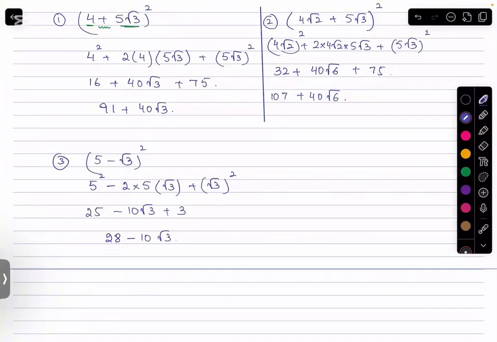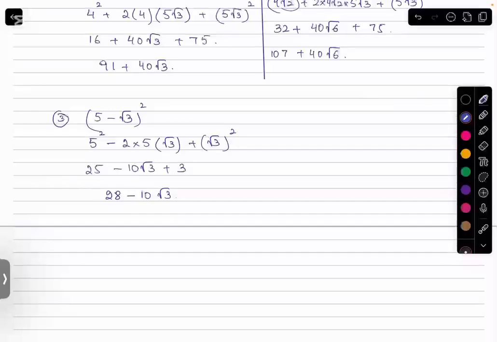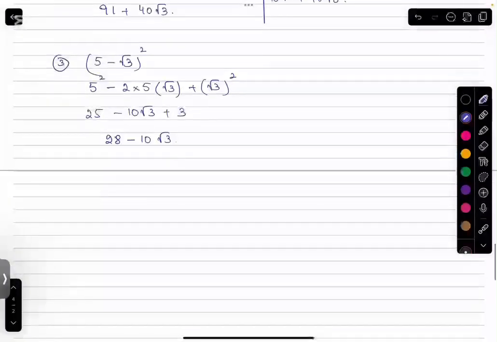Okay, can I simplify it further? ठीक है, अगर क्वेश्चन में कहा हुआ है कि सिंप्लीफाई करना है तो हमें सिंप्लीफाई लास्ट स्टेज तक करना है. It has to be the simplest form. 28 minus 10 root 3. Can I simplify it? No.